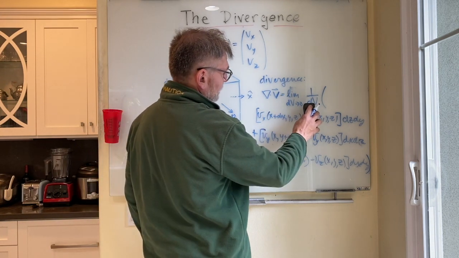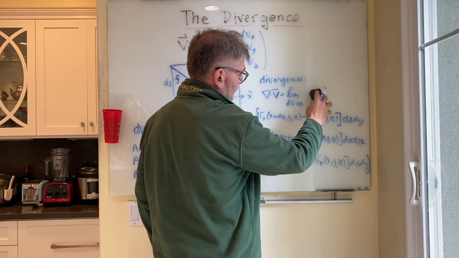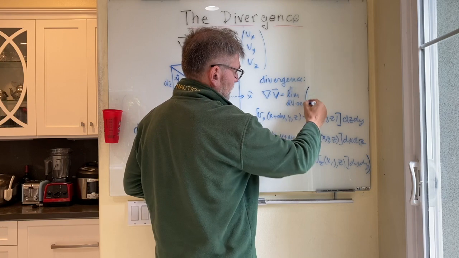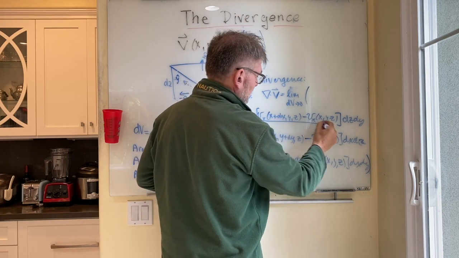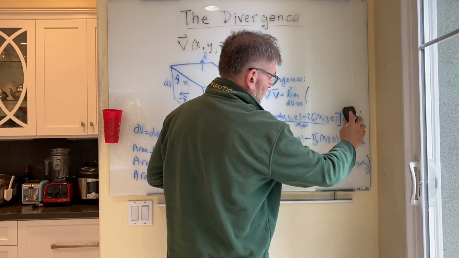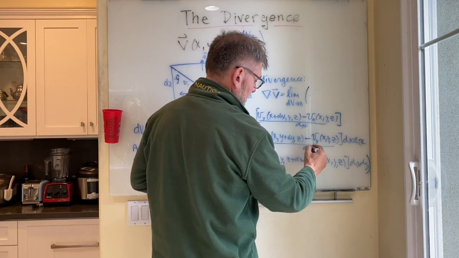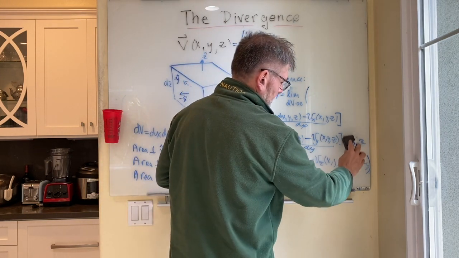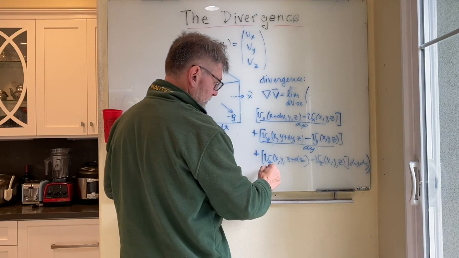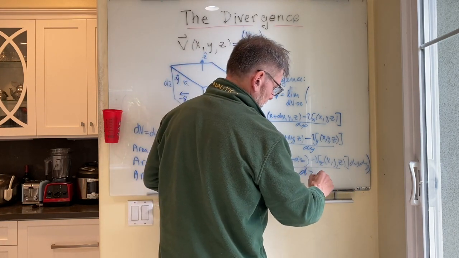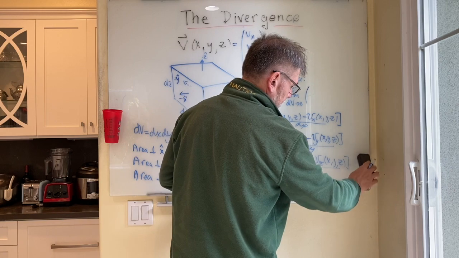So after I divide through, the dV goes away, and this becomes over dx, and this cancels out. This one will be over dy, and these two cancel out. And in the last term, this will be dz, and then these two cancel out.